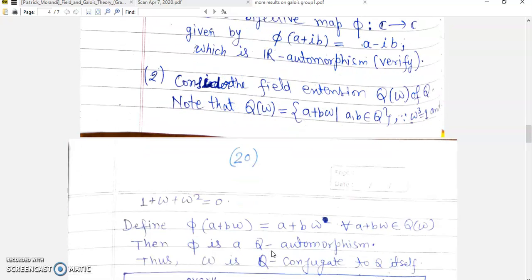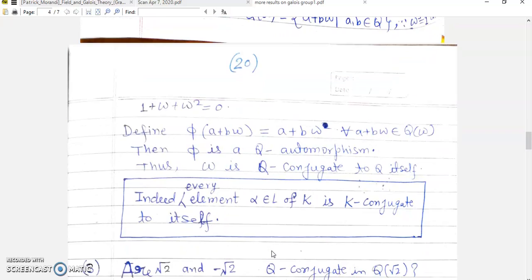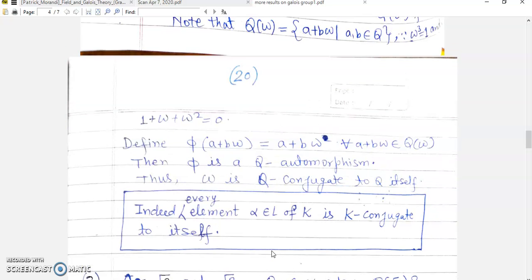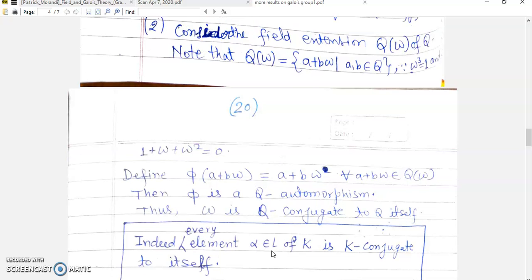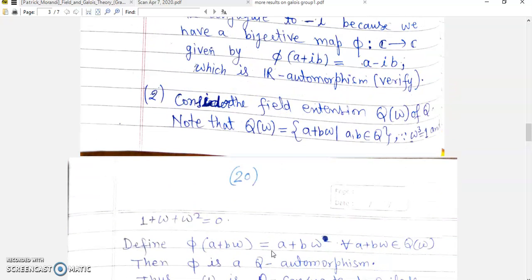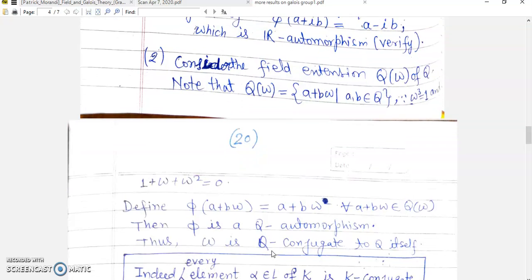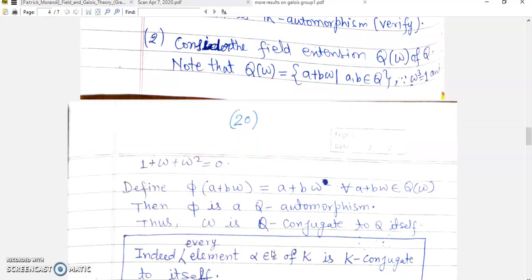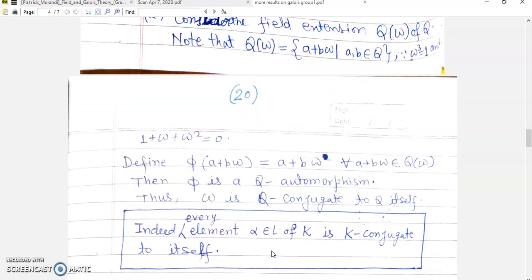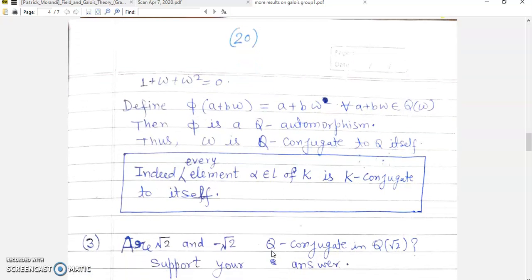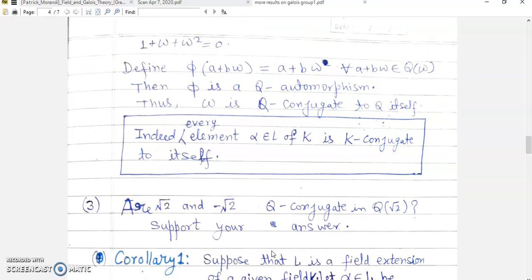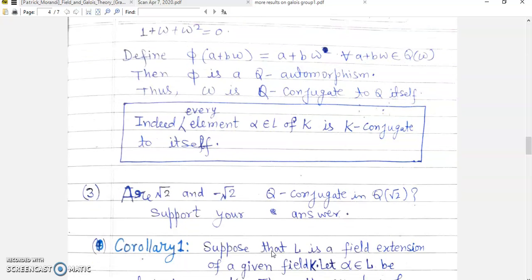Similarly, one can prove that omega is Q-conjugate to itself in the field Q(omega). Omega is algebraic with minimal polynomial 1 plus x square, and note that omega is conjugate to omega itself.